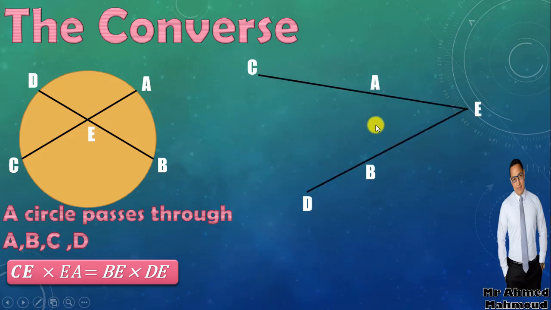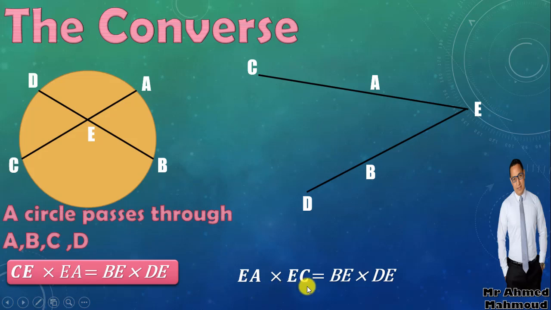Another case. If we have 5 points like this, then A, B, D, and C may be represented inside the circle when EA times EC equals EB times ED, like this.